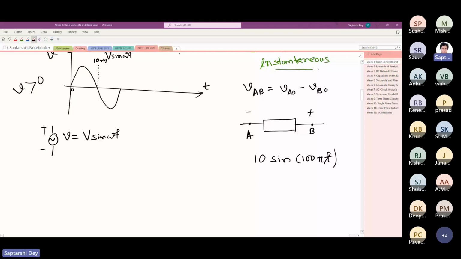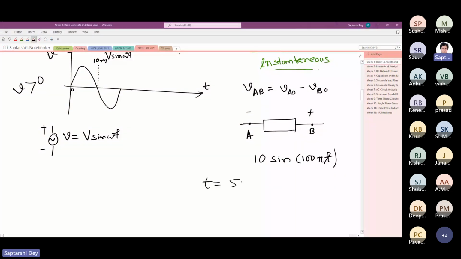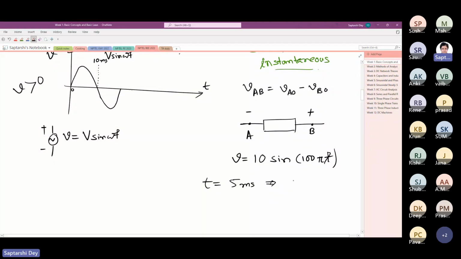But instantaneously, if I say at t equals 5 millisecond, what is the voltage? Can you tell me? Sine 100 pi into 5 milliseconds is sine of pi by 2, which is 1. So at its peak, 10 volt.